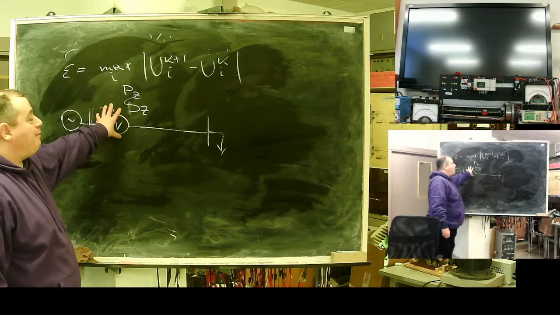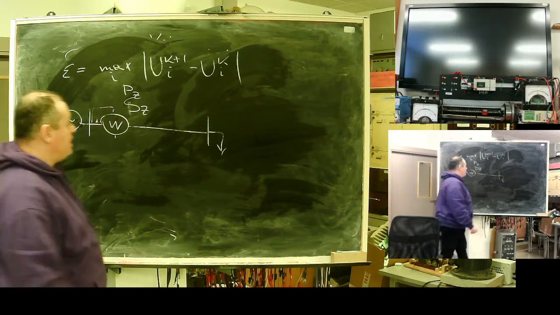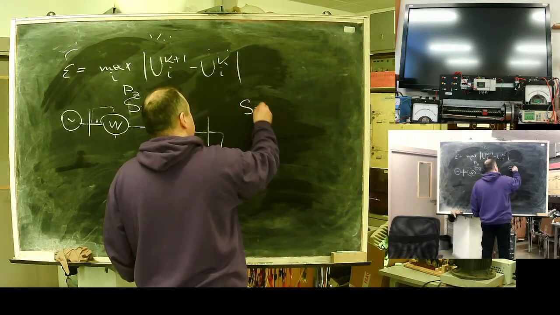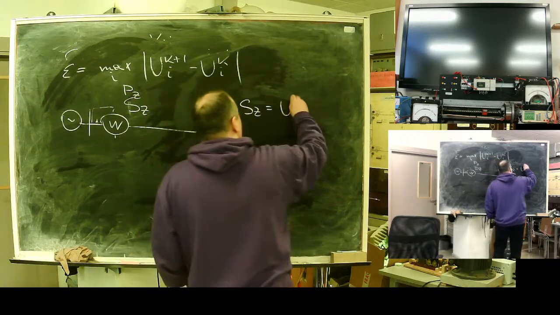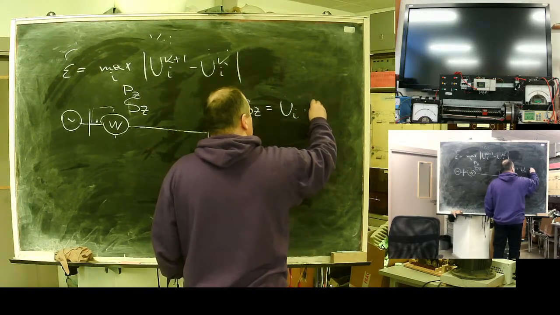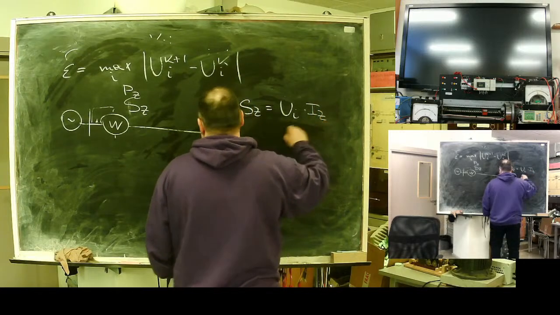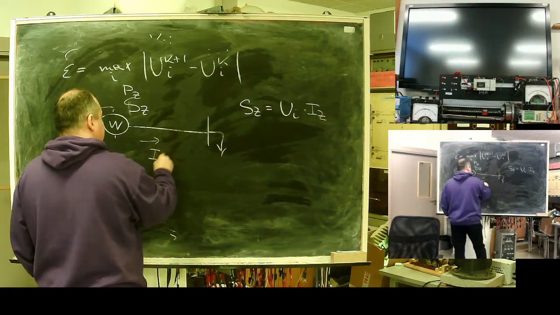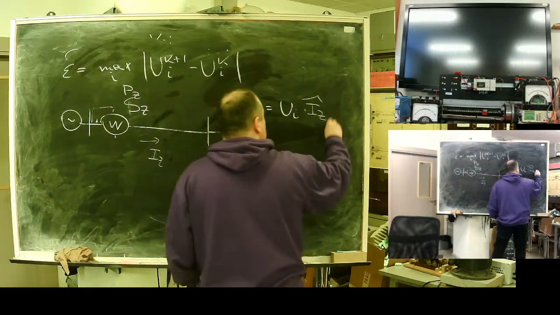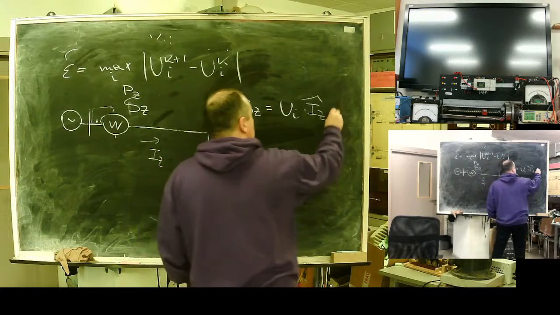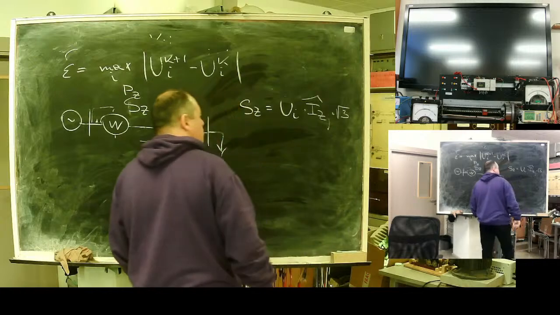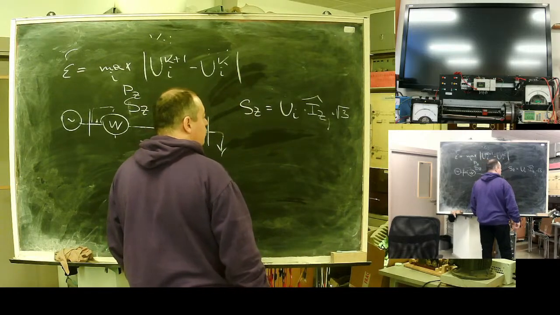So, power flows. Here the power flow is voltage at node i multiplied by the conjugated branch current, the power in the branch, and also multiplied by square root of 3 because we have three phases and line voltage.